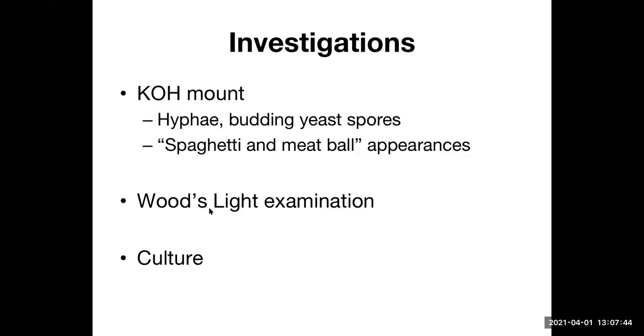Apart from them, Wood's light examination can be done. This Wood's light examination is a special type of examination technique in dermatology. So a relatively dark environment is maintained, and a lamp is placed on the affected area of the skin. Now, according to the disease or the damaged skin, a different color will be formed there.